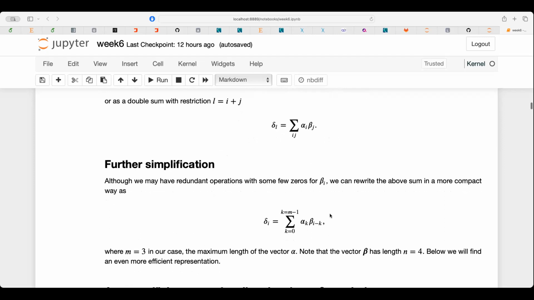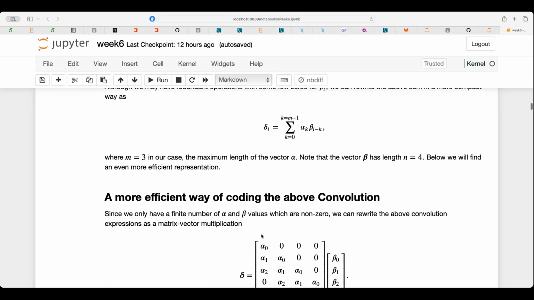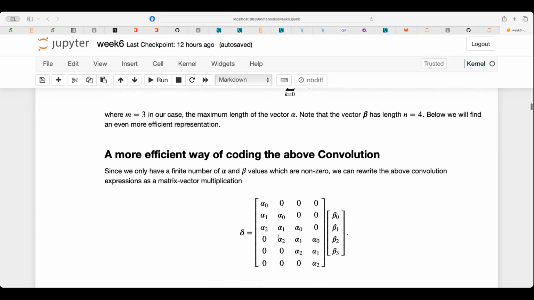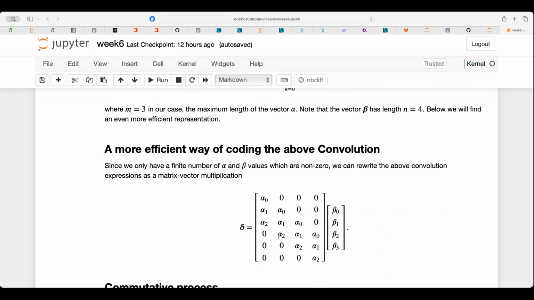I'm going to rewrite these coefficients in another way. The way which is often used is to rewrite this in terms of a matrix times a vector. This is actually the pre-Fourier transformation way of doing it. Actually, when you do Fourier transformation as well, you end up with these Toeplitz matrices.